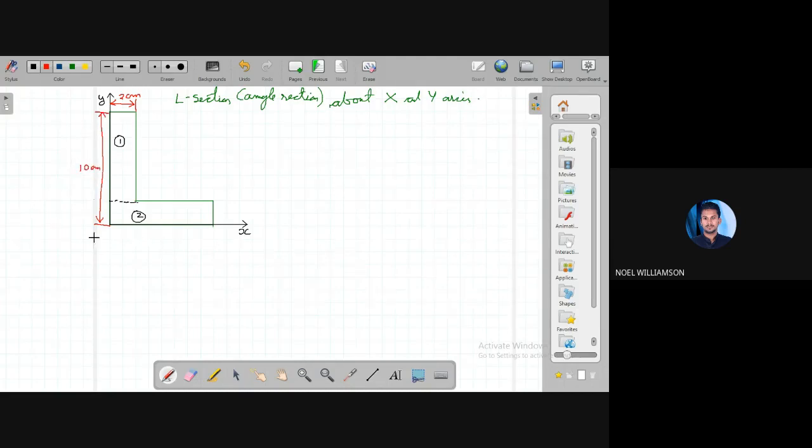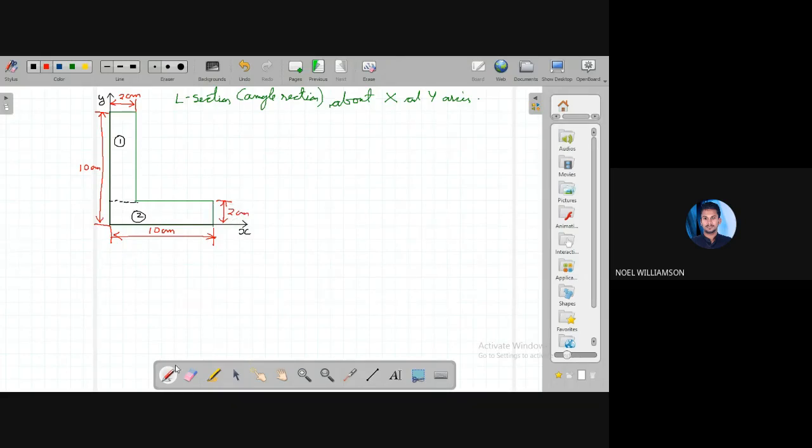This is also 10 centimeter. This is 2 centimeter. Okay.